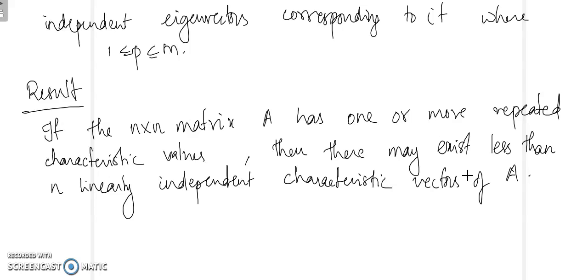So we need not necessarily have exactly n eigenvectors. So that may be less than n also. That depends on the corresponding matrix.